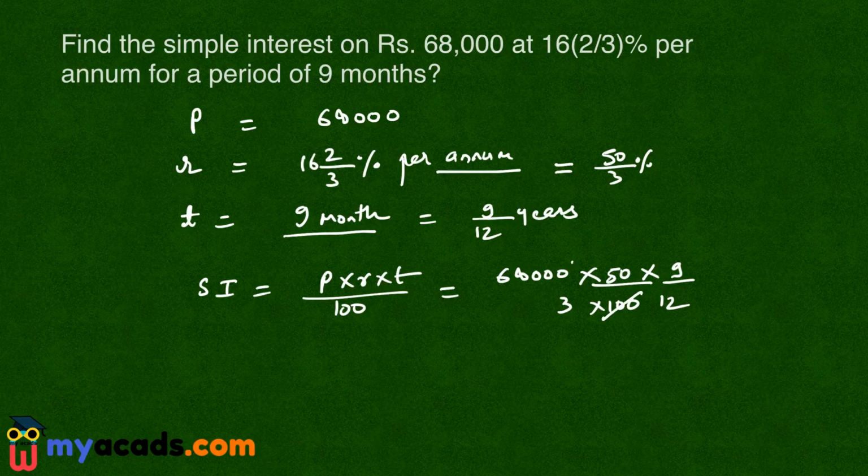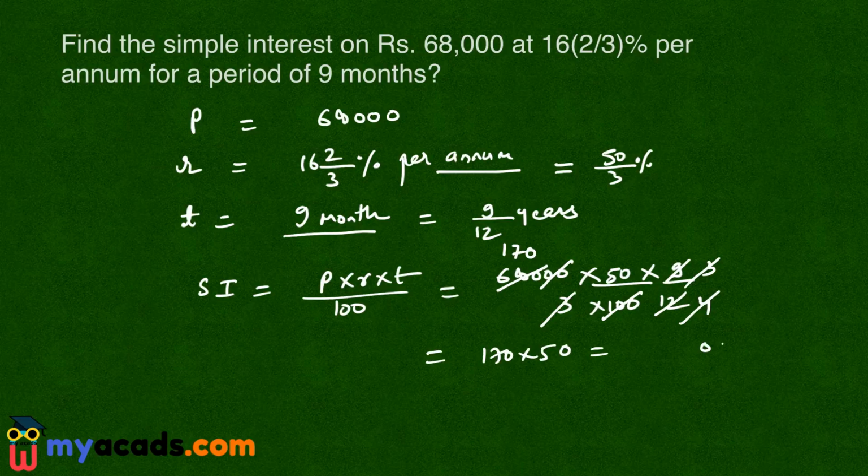This 100 will cancel with this 100. 3 times 3 is 9, 3 times 4 is 12, and I can divide this 4 into 680, giving 170. So 170 into 50 is 8500. So 8500 is the interest that I will pay on this amount.